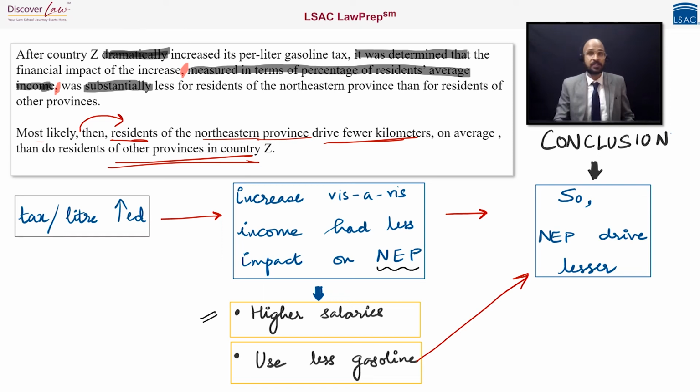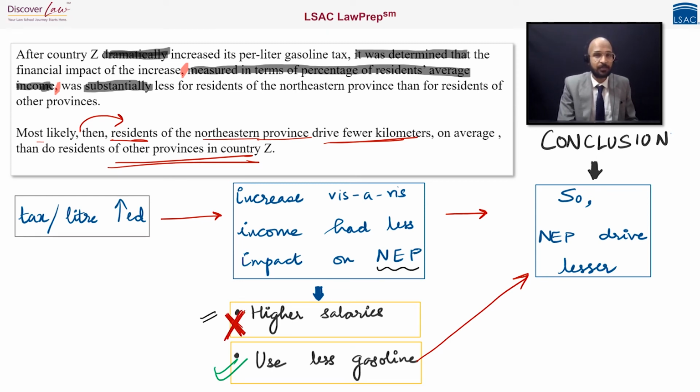So what you can see from the conclusion is that we thought of these two possibilities here, right? Because of which the impact could be less. When you see the conclusion, it becomes obvious that they're saying they drive less, which means they use less gasoline. So it's not really focusing on the higher salaries.